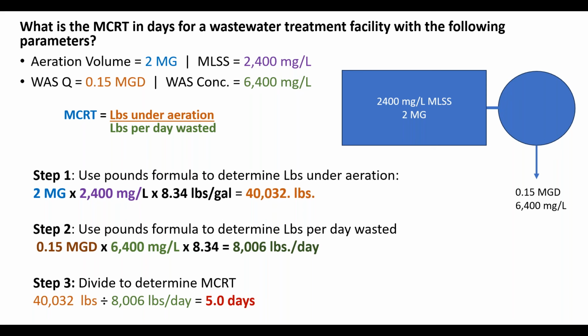But I'll put my email at the end, and please feel free to email me, and I will send you more information on the pounds formula. But basically, think of million gallons as million, and think of milligrams per liter as dividing by a million, because it's 1 part per million.